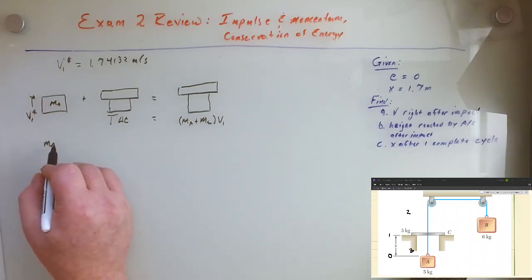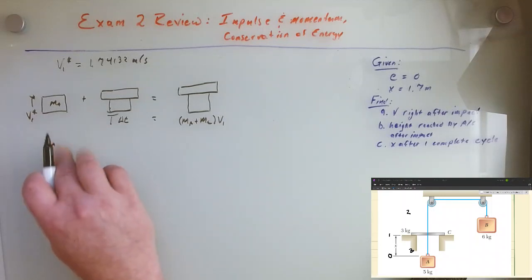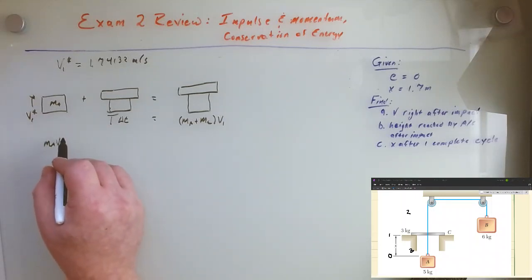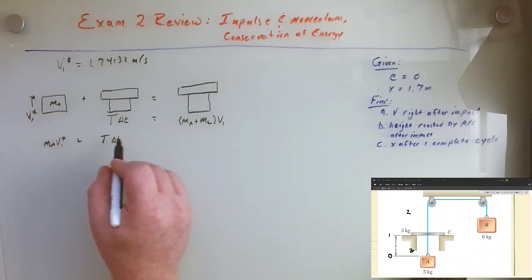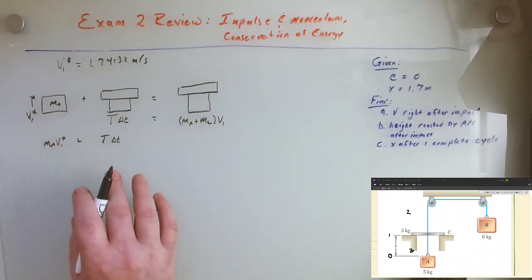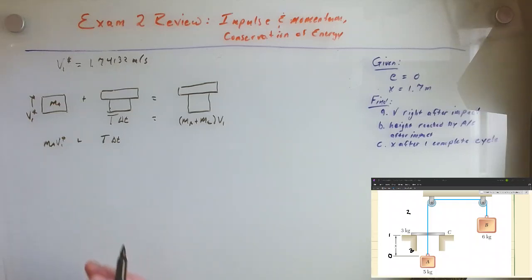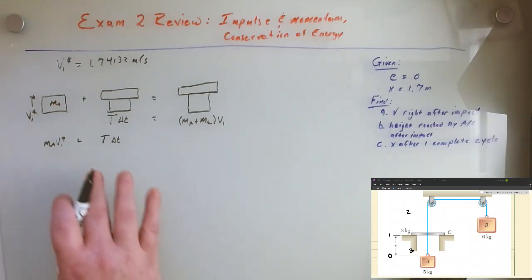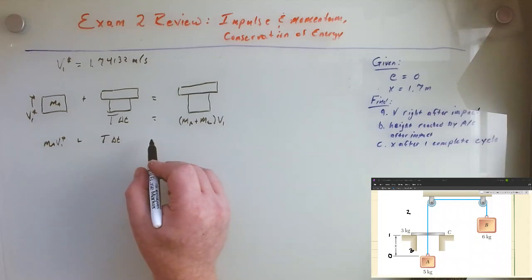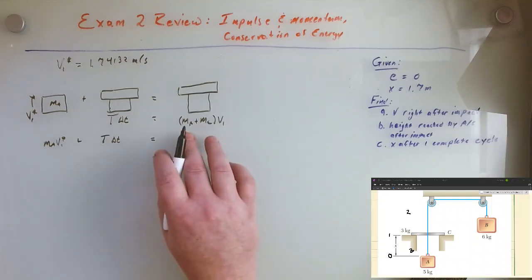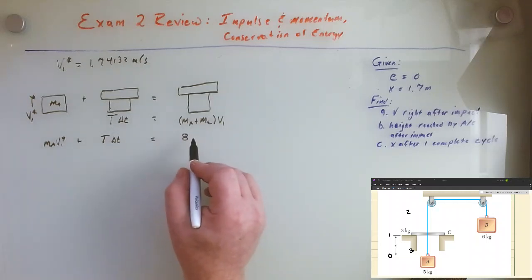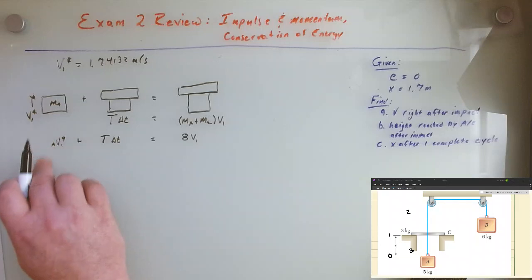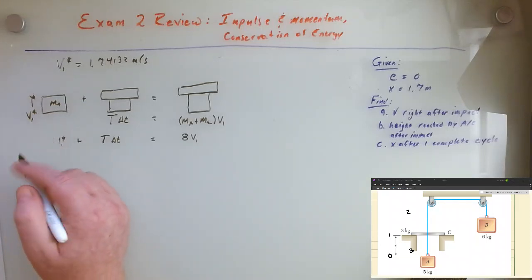This is MA V1 star plus T delta T. And remember that impact is just really fast impulse, so this actually works. And that's going to equal, and what is MA and MC? That is 8. So we'll just say 8 times V1. This is 5.